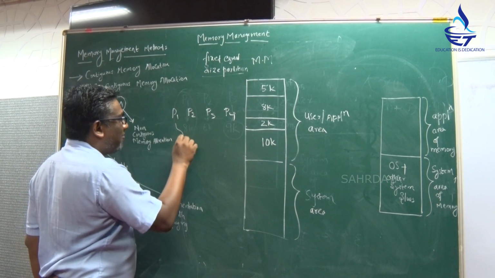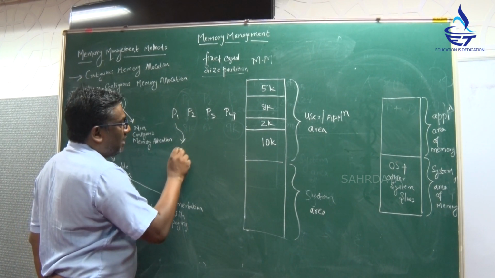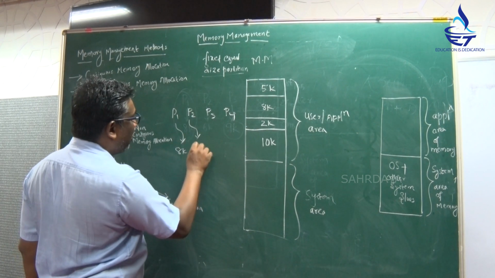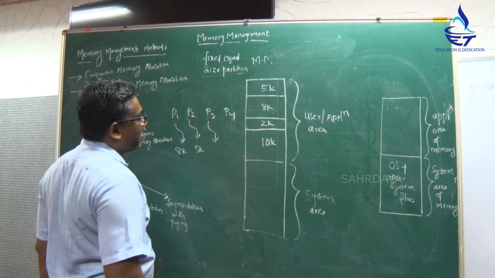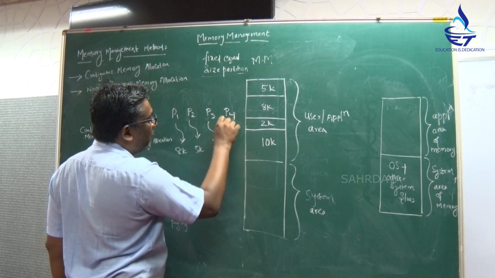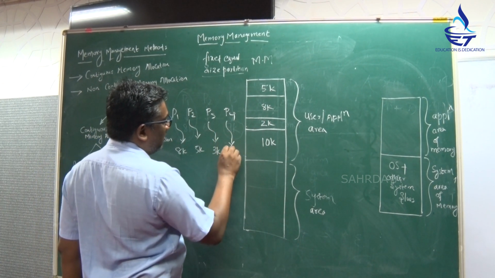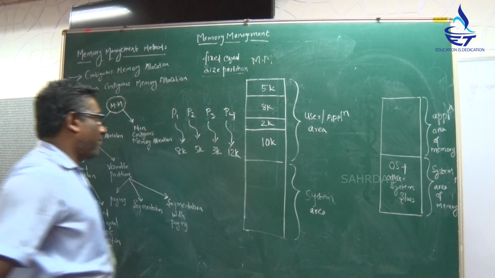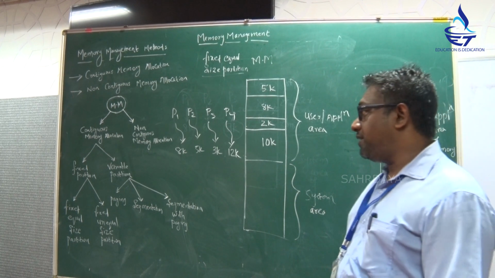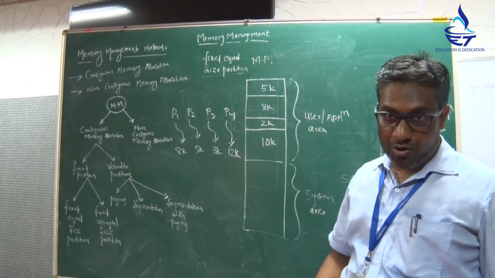P1 has size 8K, P2 has size 5K, P3 has size 3K and P4 has size 12K.